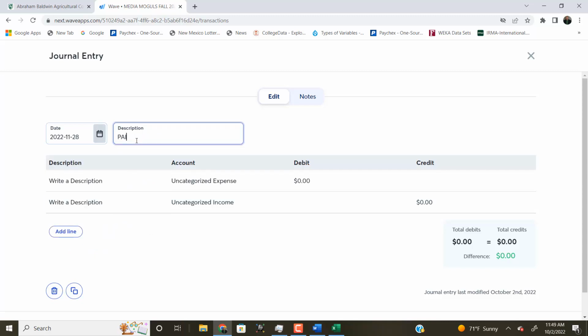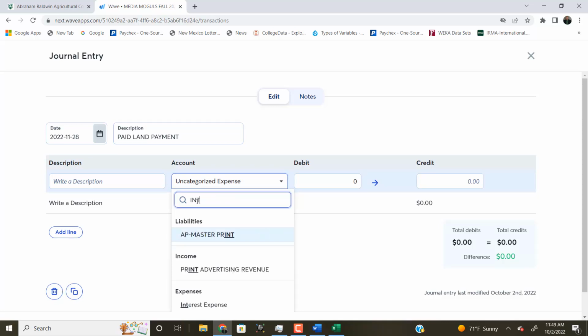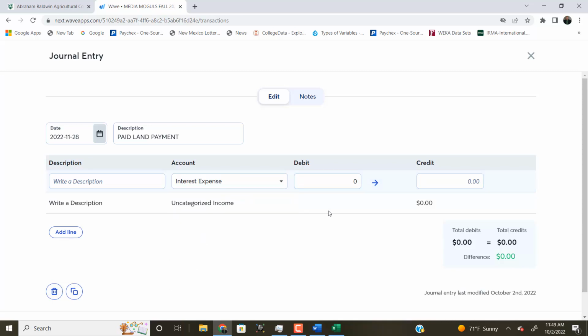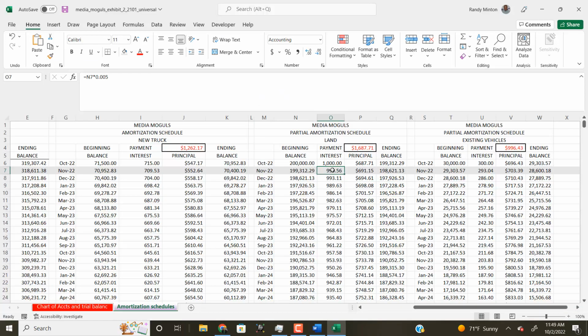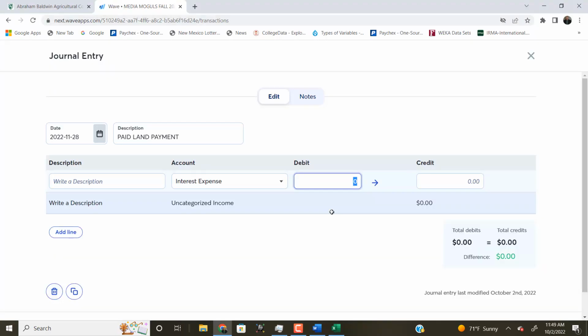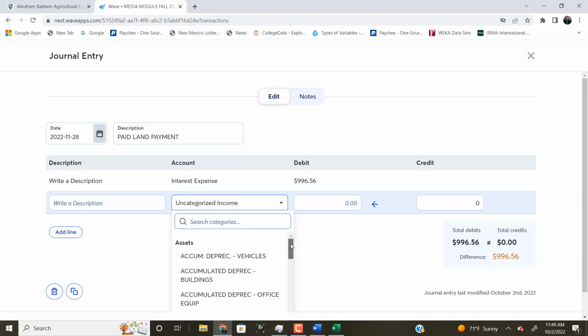Paid land payment. Interest expense. How boring it is because it's always the same, right? The thing that's changing are the numbers. And of course, this guy right here, the note payable.